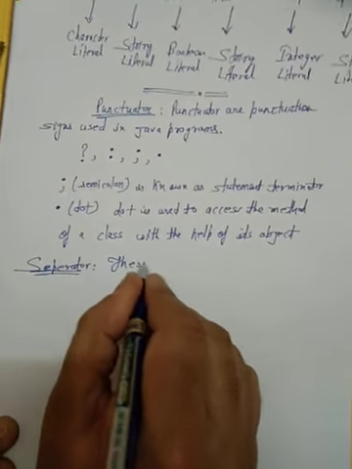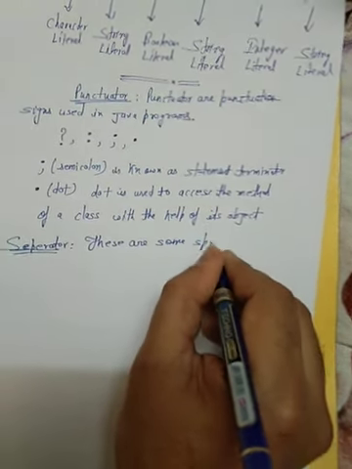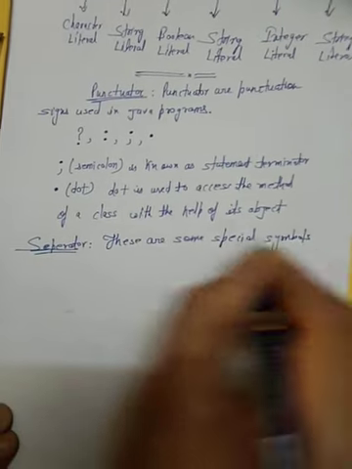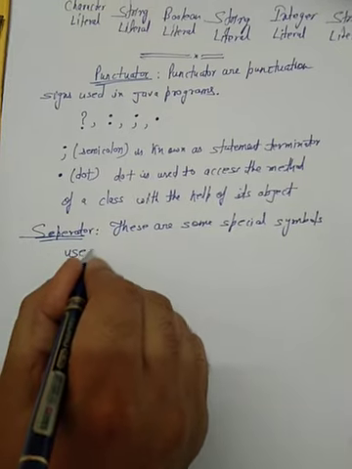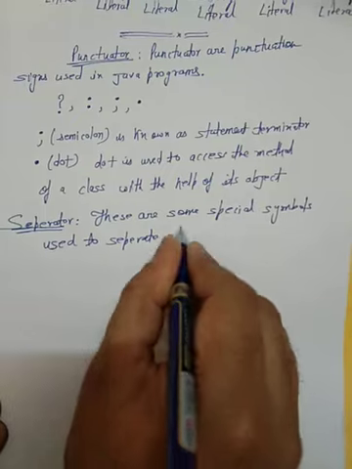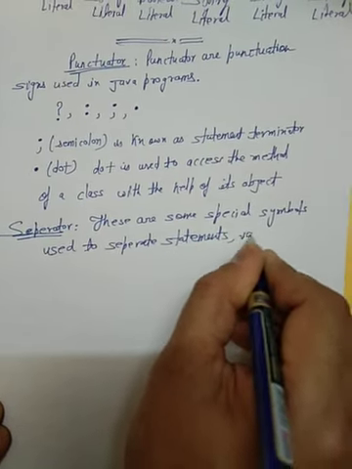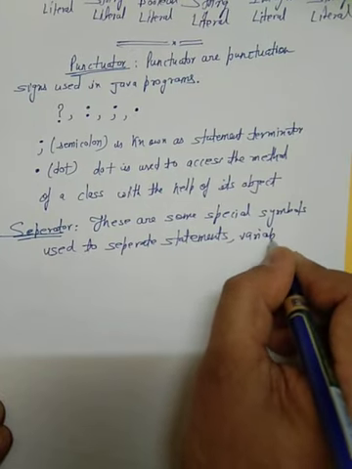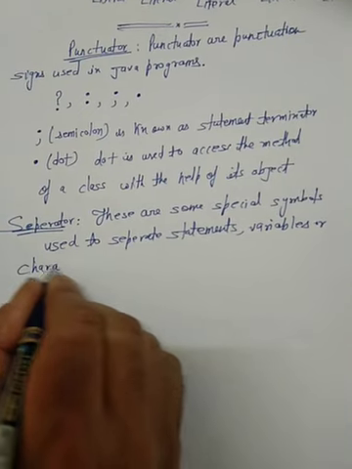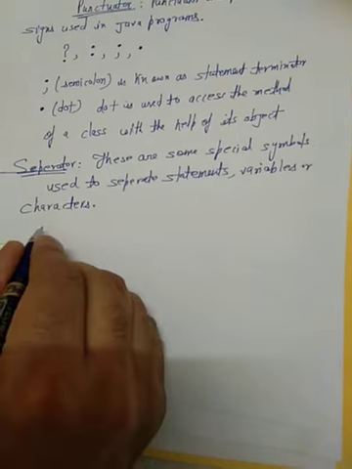These are some special symbols used to separate statements, variables or characters. We have the following types of separators.